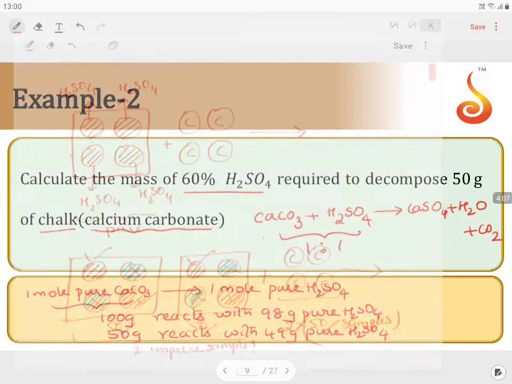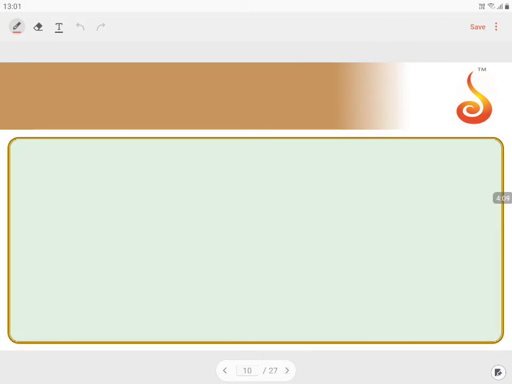So the mass of the pure sample, which is 100%, is chemically equivalent to the mass of the impure sample, which is some X percent pure.